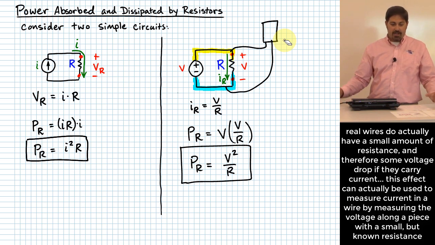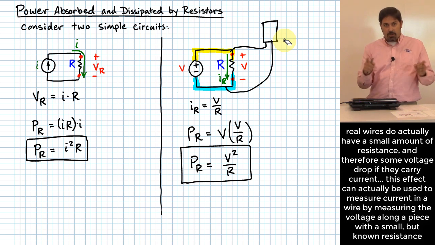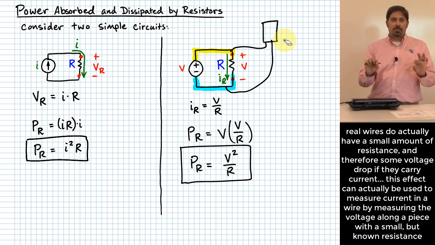You create a wire with a very low but known resistance, so it's not messing with the rest of the circuit too much. Then you measure the voltage on that little segment of wire, and from that you can back out how much current is flowing through it, even though what you're measuring is a tiny little voltage drop across that little piece of wire.